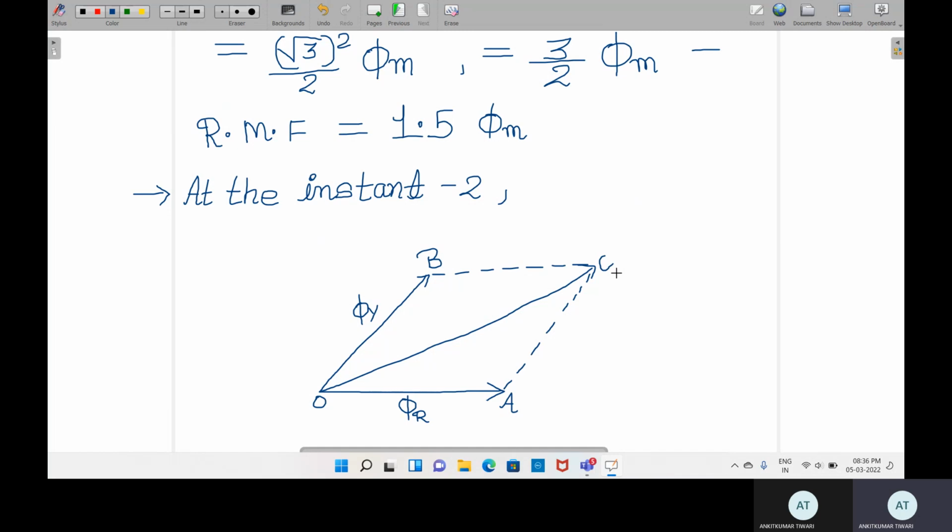OC is the resultant of the two fluxes, OA meaning phi r and OB meaning phi y. If OC is divided into half, it will be OD, as we did in the previous section. So OD is equivalent to OA.